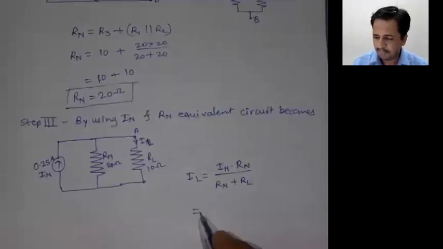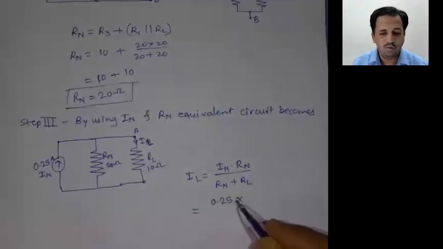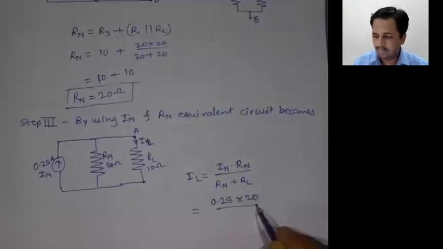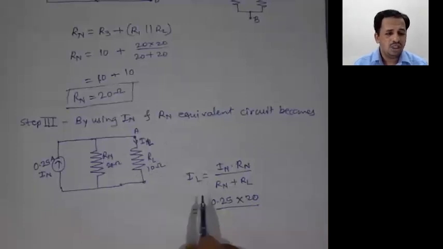Now, if you put these values, the value of IN is 0.25 ampere into RN, which is 20 ohm, divided by RN plus RL, that is 20 plus 10, that is 30 ohm.